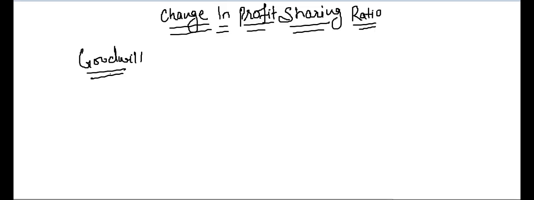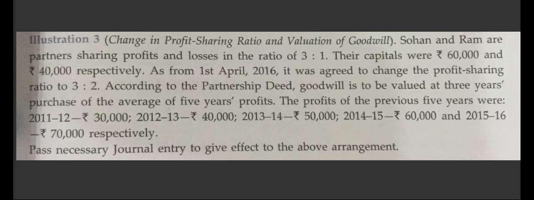Now let's see a few practical problems on this. See the first practical problem. Sohan and Ram are partners sharing profits and losses in the ratio of 3:1. The capitals were 60,000 and 40,000 respectively. As from 1st April 2016, it was agreed to change the profit sharing ratio to 3:2.